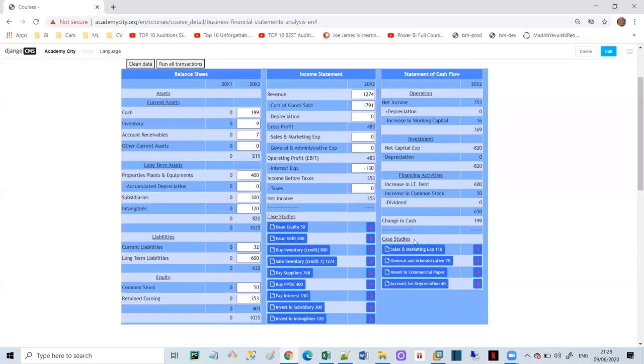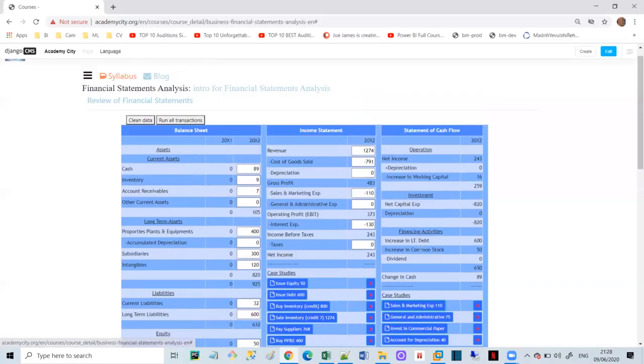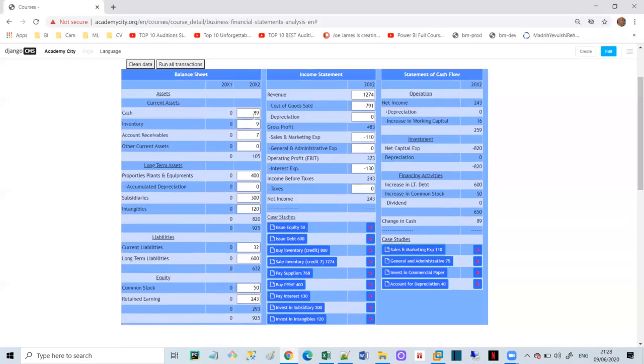So if I click on here for 110, I expect my cash to go down by 110. And indeed it did, from 199 to 89. And this is really a reduction in the equity. But again, the reduction in the equity, retained earnings, is really a reduction in the net income, meaning part of the gross profit. I paid the interest before, if you recall, and I also paid some expense for marketing, so I can really generate some revenue.